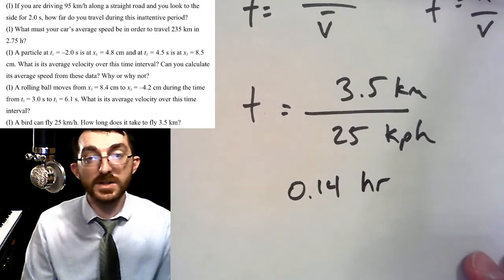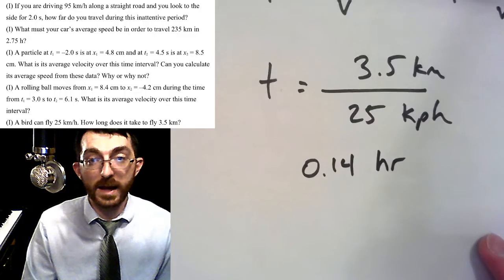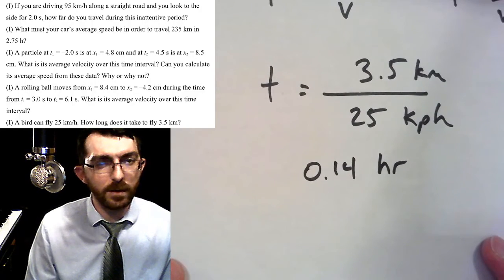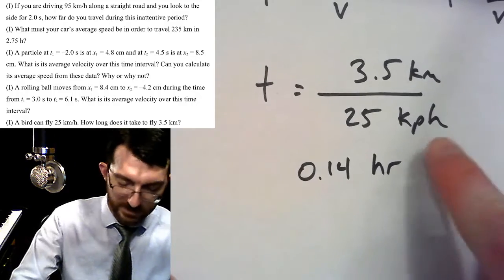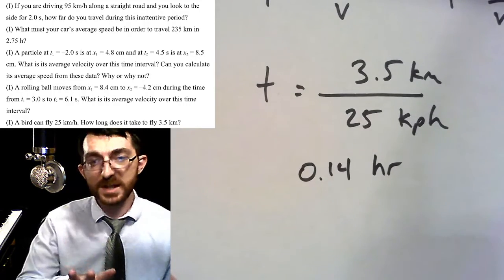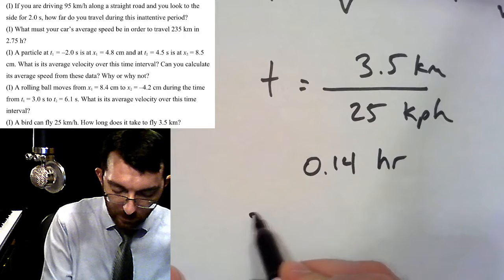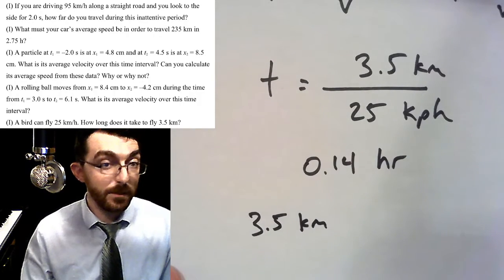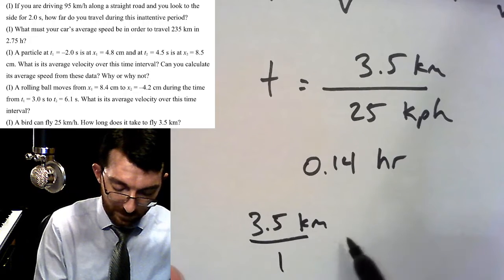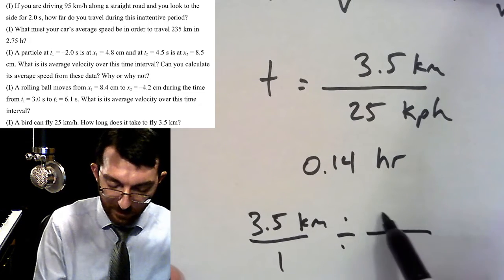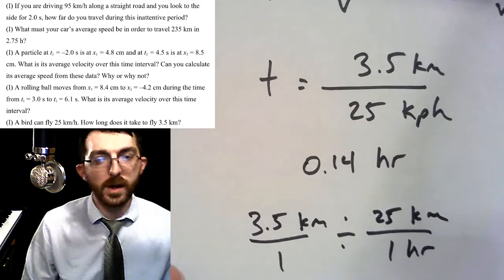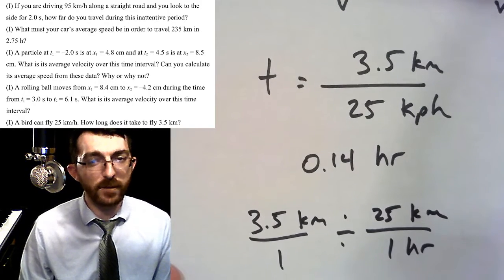Now, just in case you need to see that worked out mathematically, why that's hours. First of all, why would you? It's asking how long. The unit is hours. Come on, it's the only time unit there. But just in case you need to see that worked out, if you do 3.5 kilometers divided by the fraction 25 kilometers per hour, you know the rule for dividing by fractions.